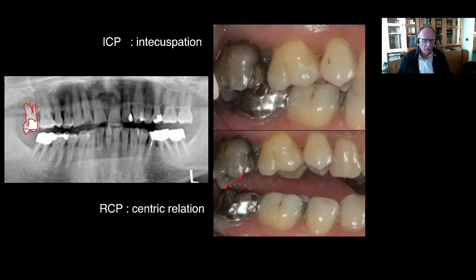It must be corrected. So I can realize an occlusal adjustment here very quickly, simply, and I do it in this condition. I think, it is my opinion, I think it is an obvious occlusal interference, and I correct it immediately before making the impression.